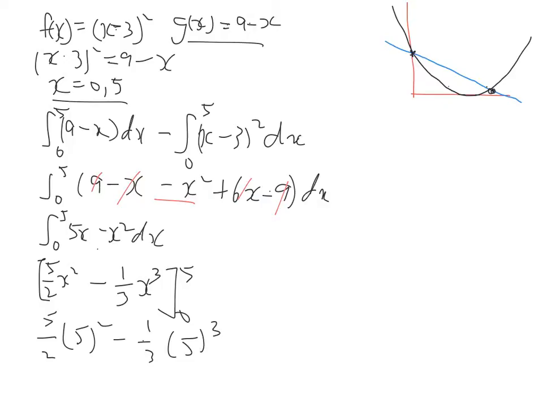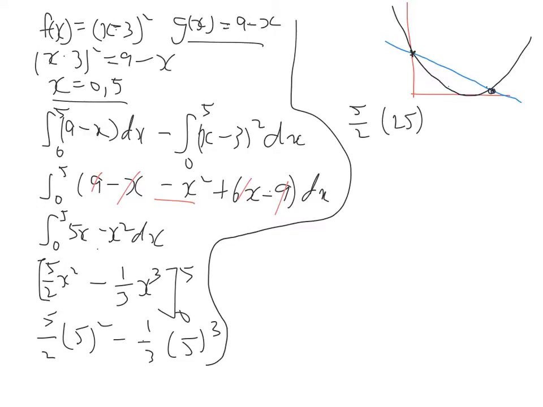So we've got 5 over 2 times 25 minus 1 over 3 times 125.